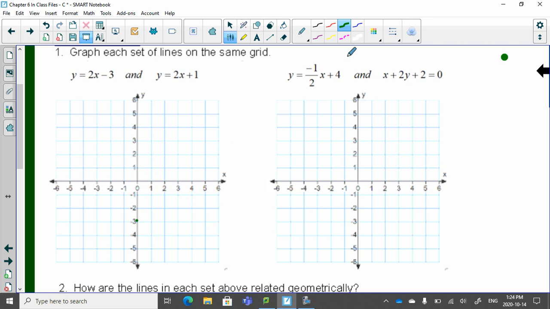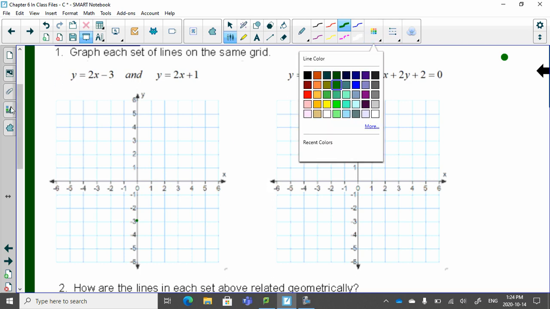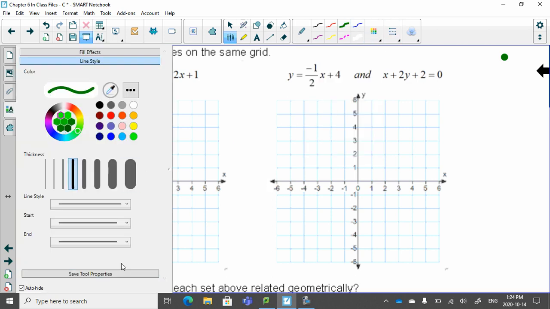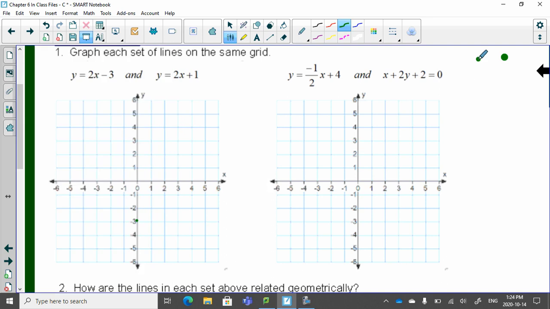Now we're going to use our slope, which is 2, or 2 over 1. Rise and run.